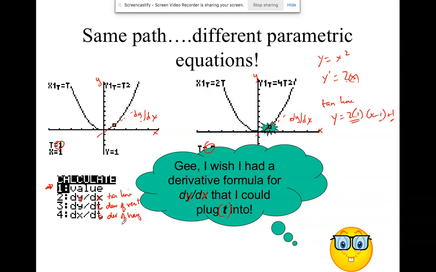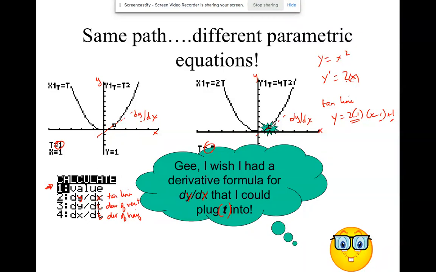Oh, snap. If you have a calculator in your hand and they ask you for the slope at a point of a parametric curve, do not actually take the derivative. You go here on your calculator and find it. I'm going to give you formulas for finding these derivatives by hand, without a calculator, but please know how to access these.